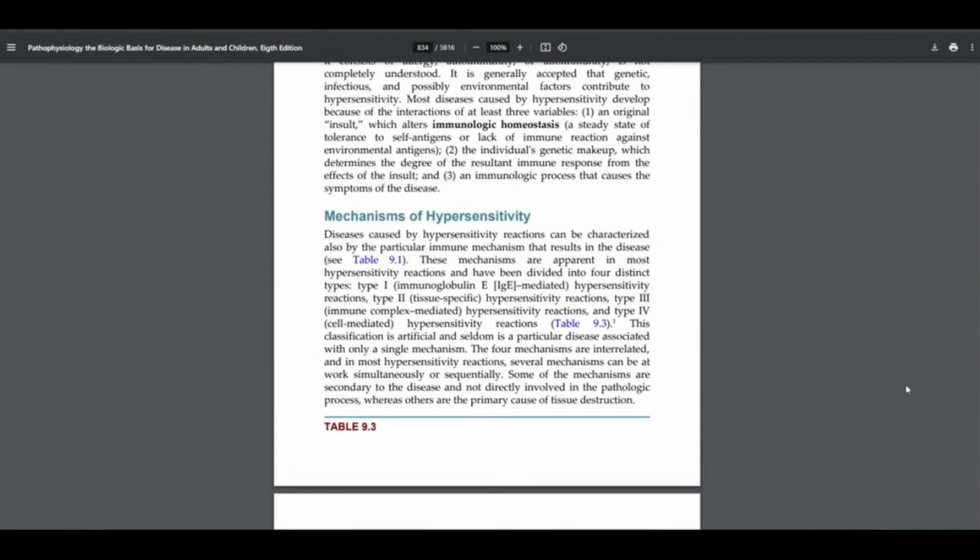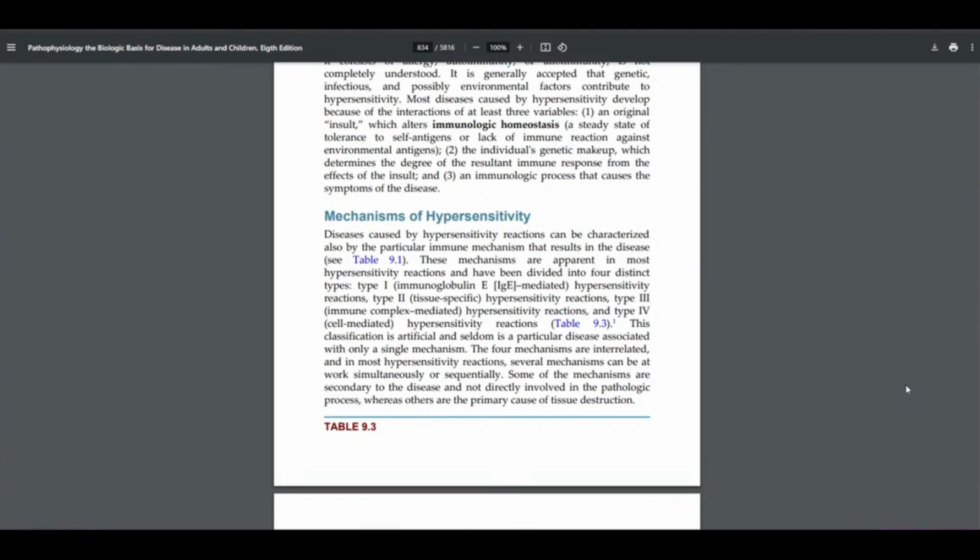Our mechanism of hypersensitivity, therefore, is that diseases caused by the hypersensitivity reaction can be characterized by the particular immune mechanism that results in the disease. These mechanisms are apparent in most hypersensitivity reactions and have been divided into four distinct types: type 1, immunoglobulin IgE-mediated hypersensitivity reaction; type 2, tissue-specific hypersensitivity reactions; type 3, immune complex-mediated hypersensitivity reactions; and type 4, cell-mediated hypersensitivity reactions.